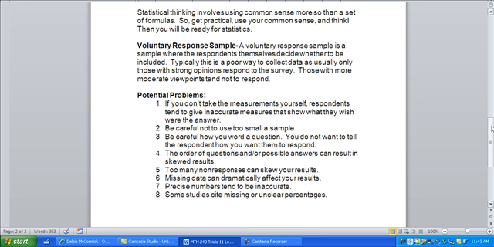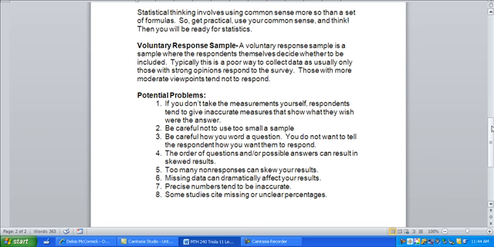At one time on TV they had 900 numbers where you called in with your opinion. Now they have online surveys where you can choose to participate or not participate. And Germana uses a voluntary response sample to collect student evaluation data, which is really a very poor way to do it, but actually the college is limited in terms of means to do a collection of the student evaluation data.